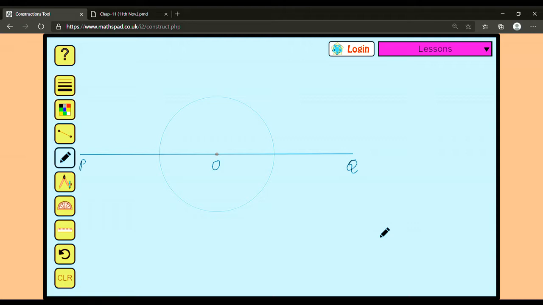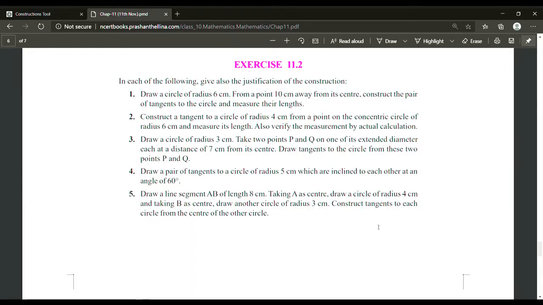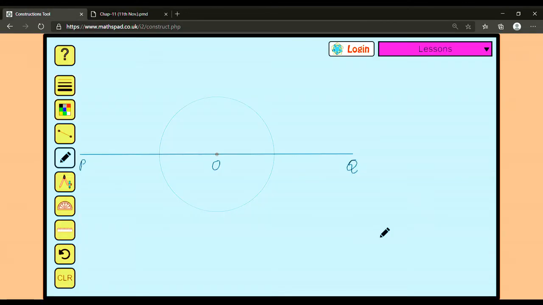I want to draw tangents to the circle from these 2 points P and Q. So I would like to draw tangents from these external points, and the steps to construct tangents from an external point include, first of all, the line segment which joins the center to the external point needs to be bisected so that we obtain the midpoint.